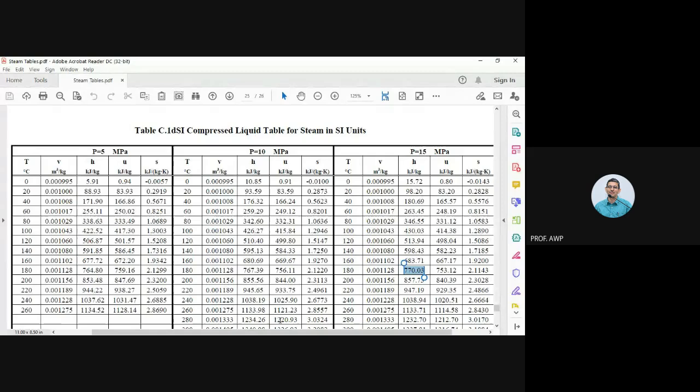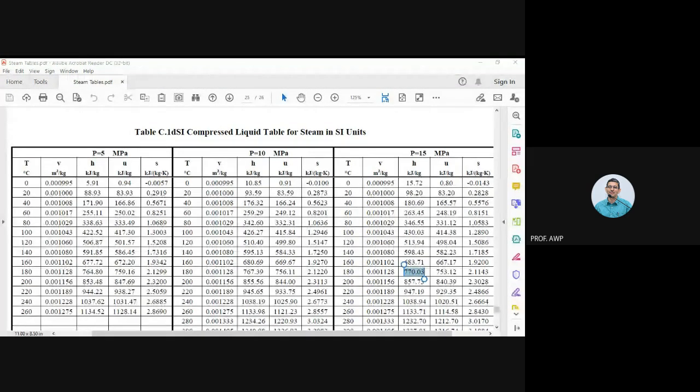Okay. Now can we go back to our problem? Anybody has any doubts? Anybody has seen the steam table? Anybody has downloaded the steam table? Yes, sir.